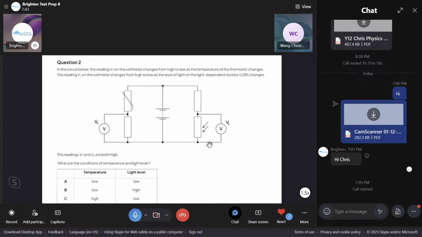The reading changes from high to low, huh? When it's high, what does that mean? So the voltmeter is from the starting point, huh? When it's high, that means the resistance of the resistor has less of a proportion.